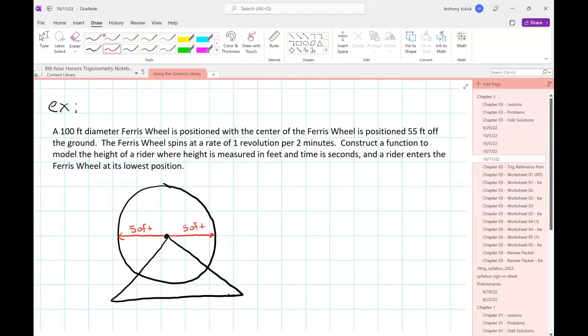And it says the center of the Ferris wheel is positioned 55 feet off the ground. Everybody's okay with that? So that's my picture.